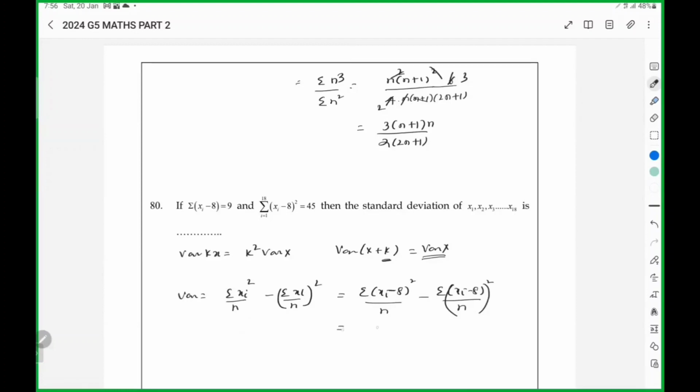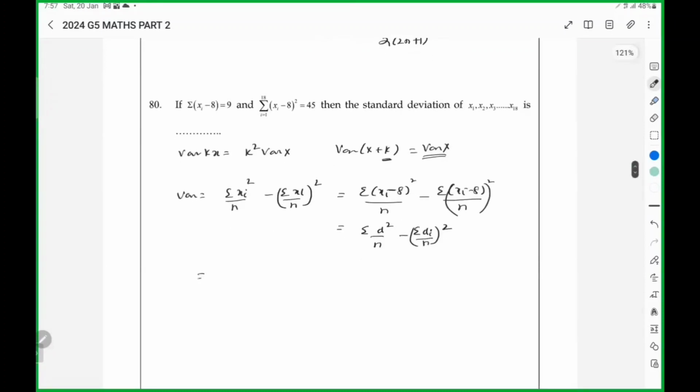So this is nothing but sigma d square by n minus sigma di by n whole square, where 18 terms are there in total.